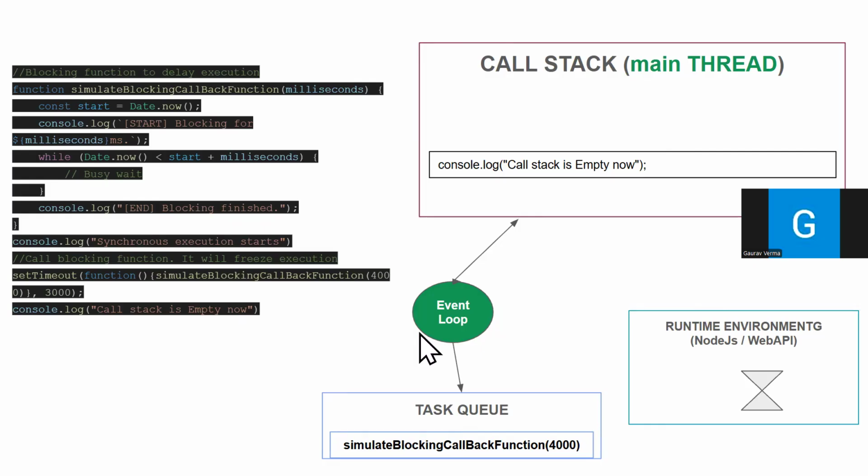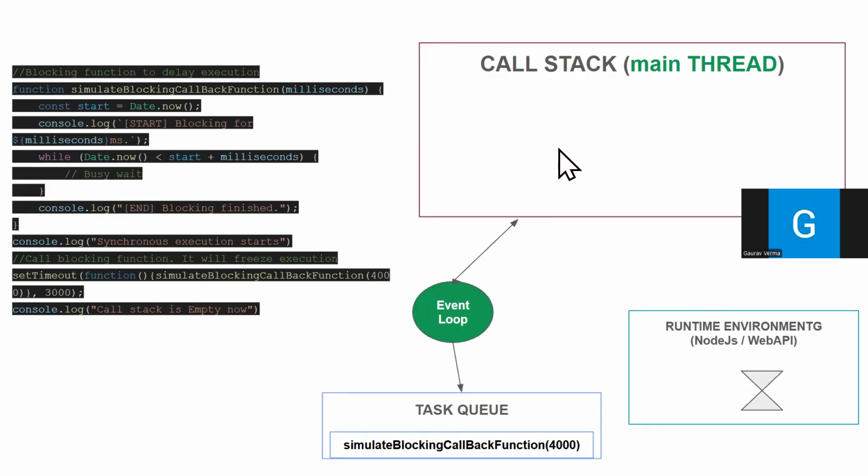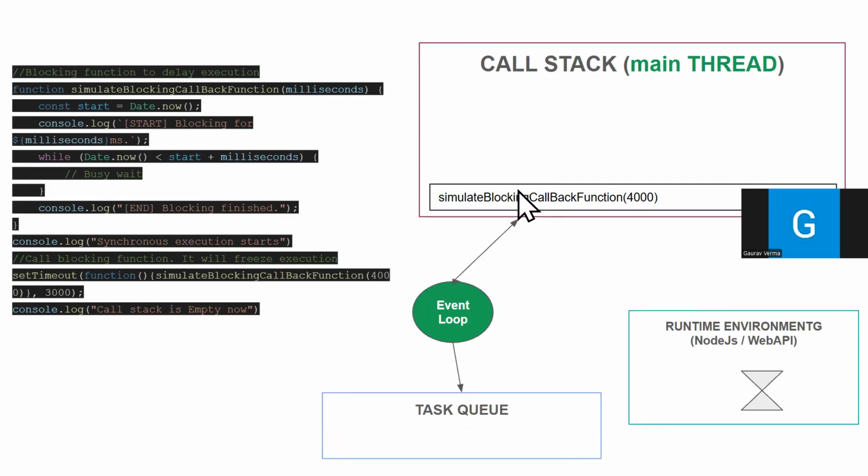Now this would be executed. Last statement. Now the call stack is empty. So now this function will go into the call stack and this would be executed. So basically, if you see, things are executing synchronously only.